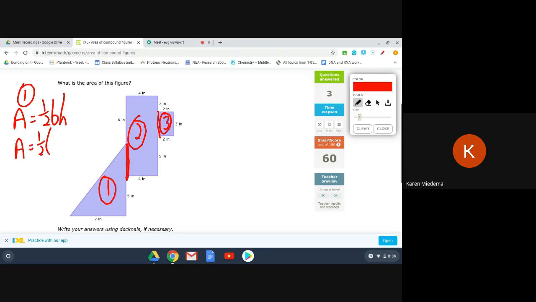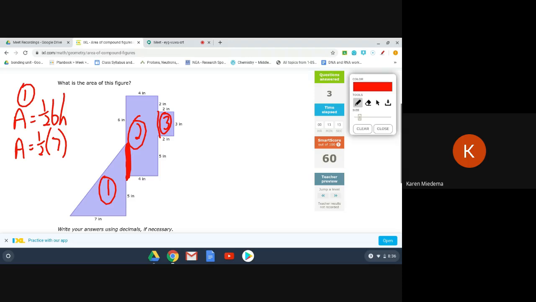Substituting in, I see that I have a 7 for my base. Once again, you have to be careful about the height here on this one. Okay, I'm just looking to make sure that I don't make a silly mistake here. Okay, in this problem, I need to know what this height is.